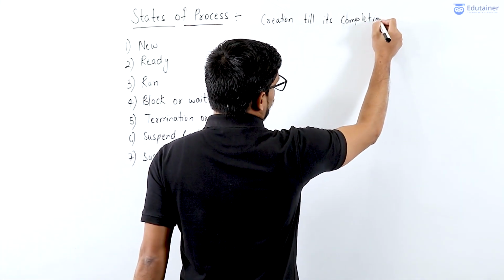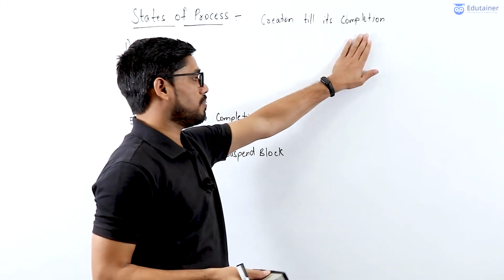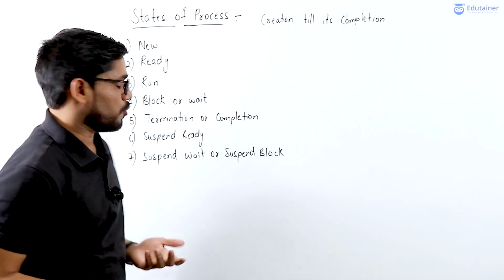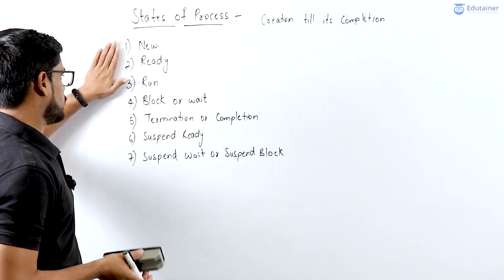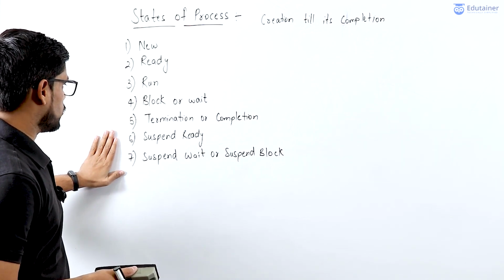So whenever a process is created, from its creation till the completion, it will go through various states called the state of a process. And there are 7 types of states possible for any process.